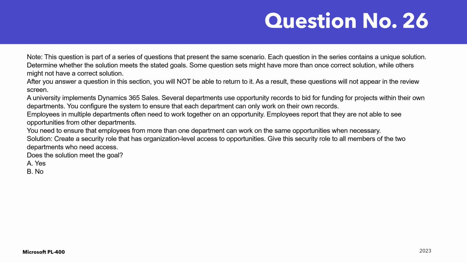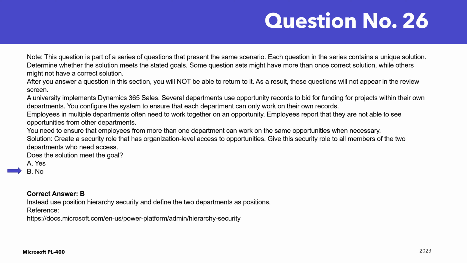You need to ensure that employees from more than one department can work on the same opportunities when necessary. Solution: create a security role that has organization-level access to opportunities. Give this security role to all members of the two departments who need access. Does the solution meet the goal? A. Yes. B. No. Correct answer, B.